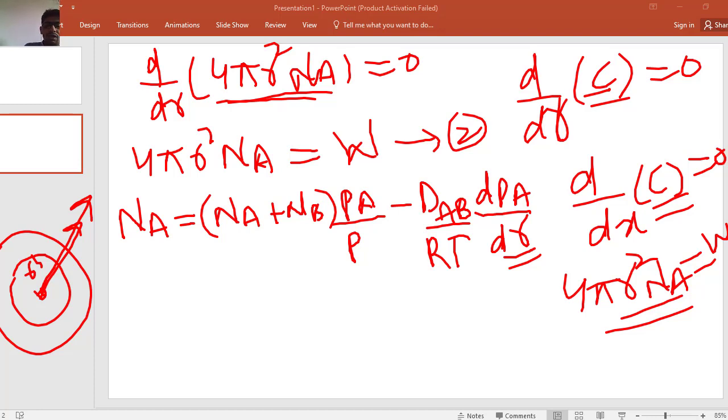As we know that the air is not diffusing into the water, NB is equal to 0.